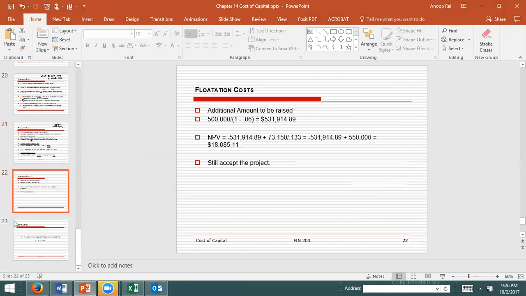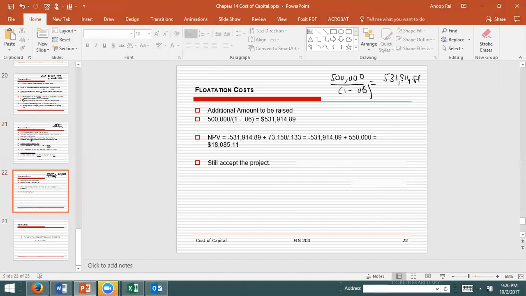So now we just say, all right, how much do I need to borrow so that I can pay off and be left with 500,000? So the way to do it is 500,000 divided by 1 minus 0.06 equals 531,914.89. Why?